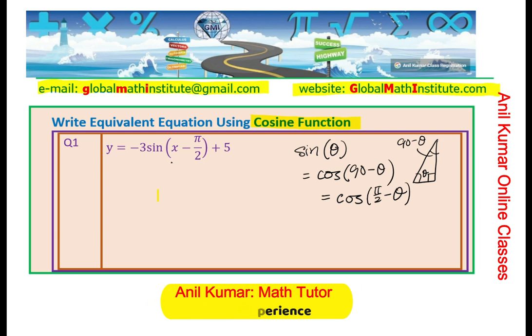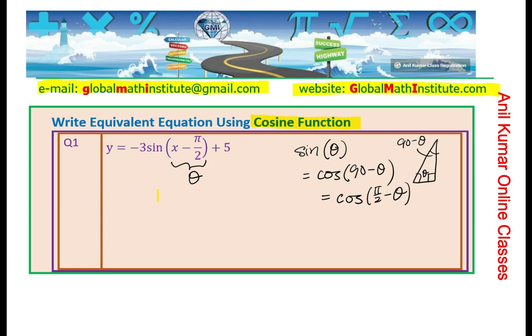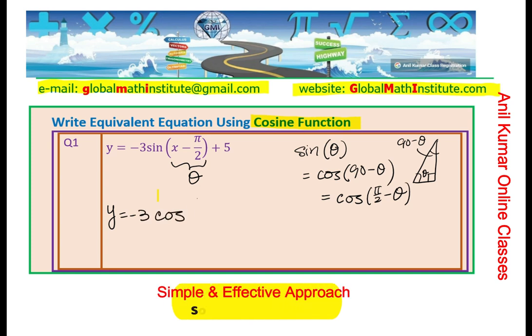Now here, assume that this angle given to us is theta. Simple as that. Once you assume that, in that case, we could write simply y equals minus 3 cos of pi by 2 minus theta, which means x minus pi by 2, plus 5.